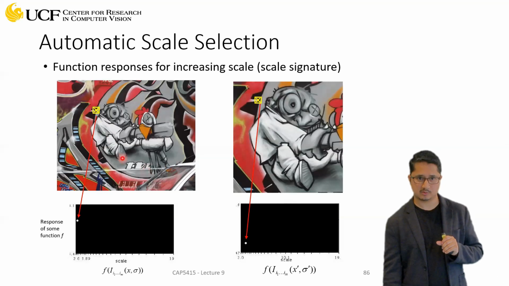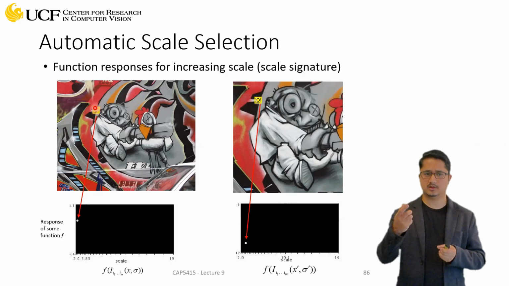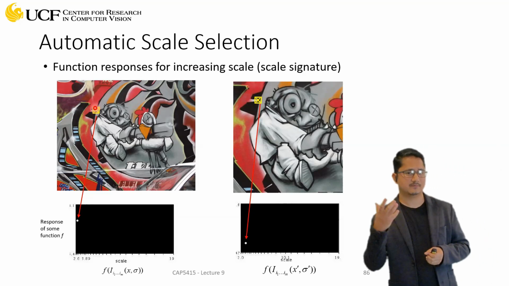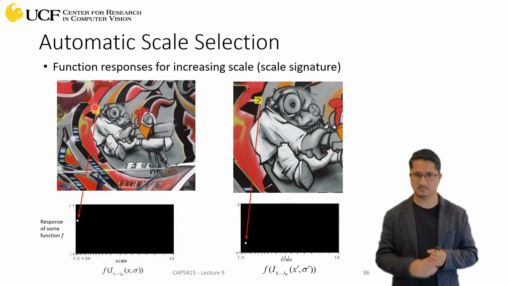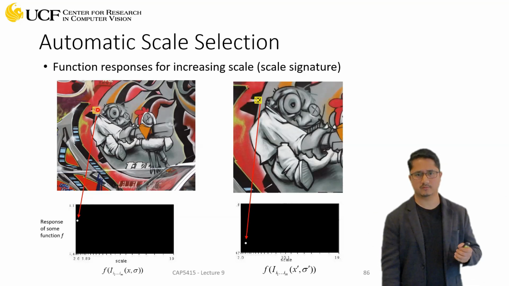We start with a very small bounding box of the same size, and we try to perform filtering at this location. This is, let's say, your kernel, and you're trying to capture some kind of response. If the pattern of the kernel matches with the patch at that location, then you should get a very high response, right? That you know from filtering.